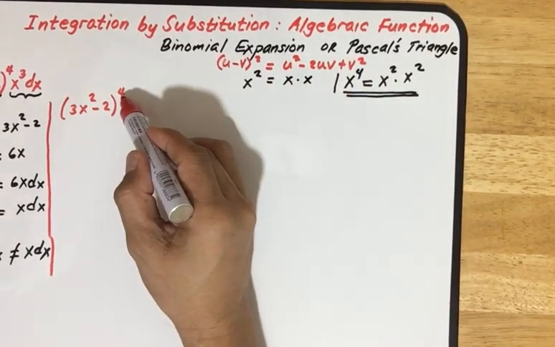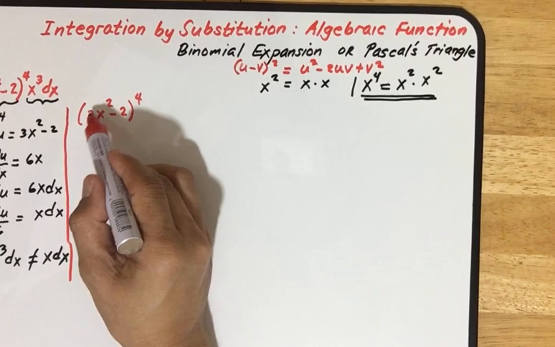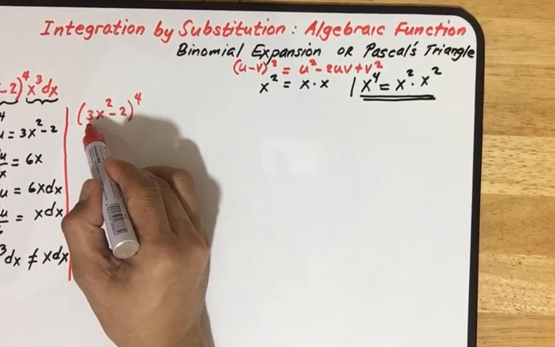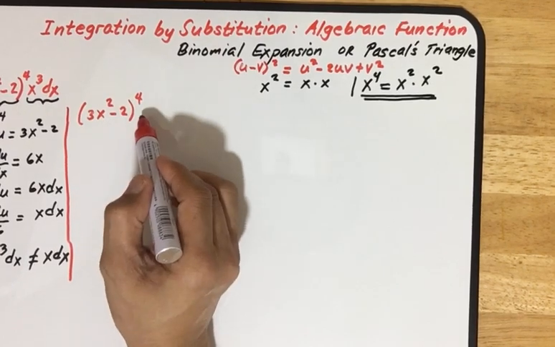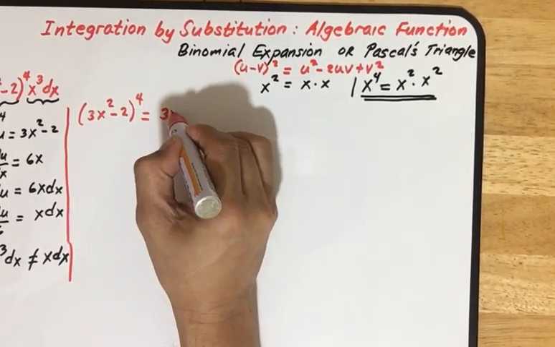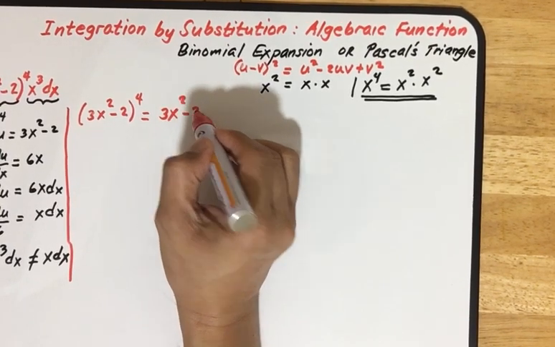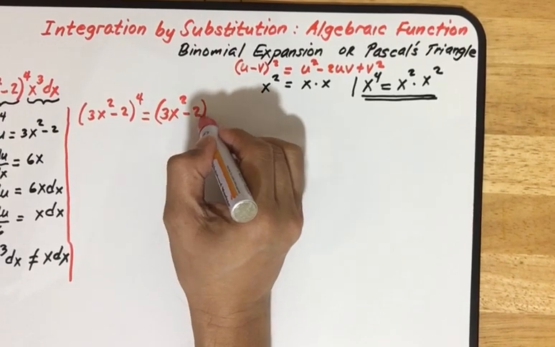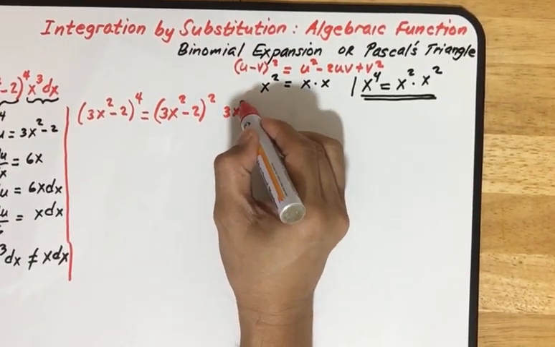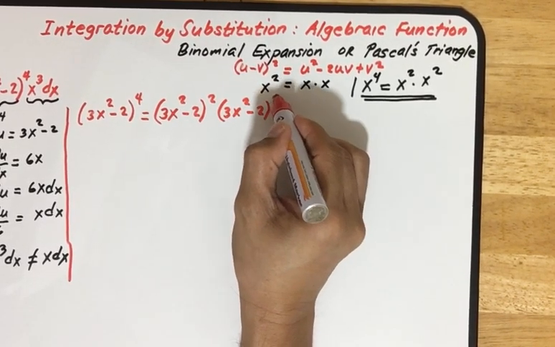If the power is 4, you can split it into x squared times x squared. In this case, this is our x. So you can also rewrite this as 3x squared minus 2 raised to a power 2, times 3x squared minus 2 raised to a power 2.